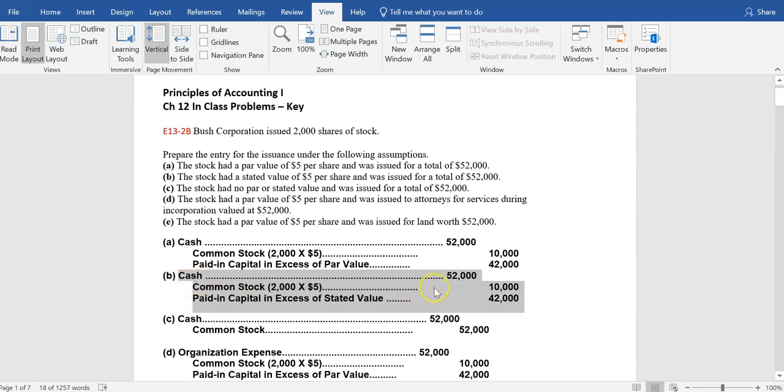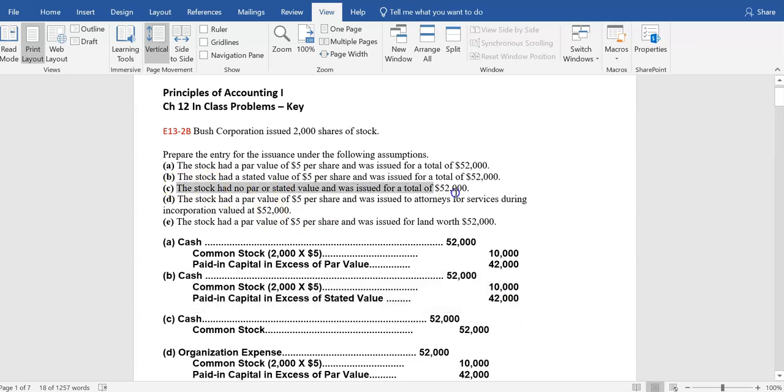We will debit cash for the amount of cash shareholders paid. We will credit common stock for the stated value of the stock, $10,000, and any excess paid in capital over and above the stated value, $52,000 minus $10,000. The excess of $42,000 is recorded into the paid in capital in excess account.